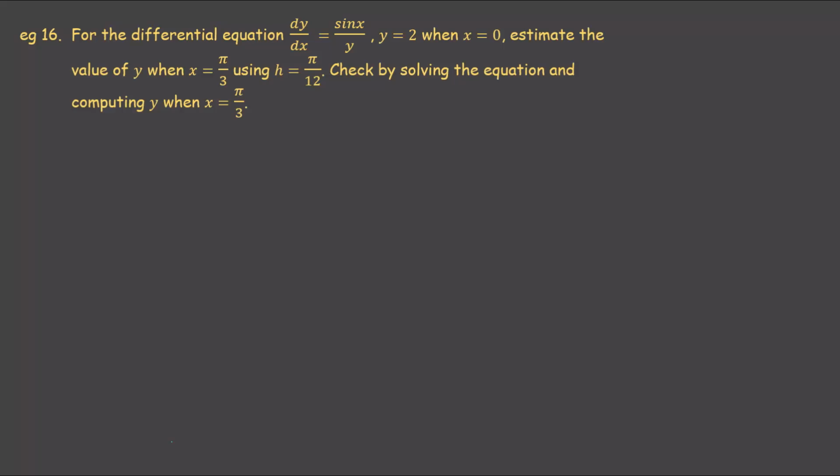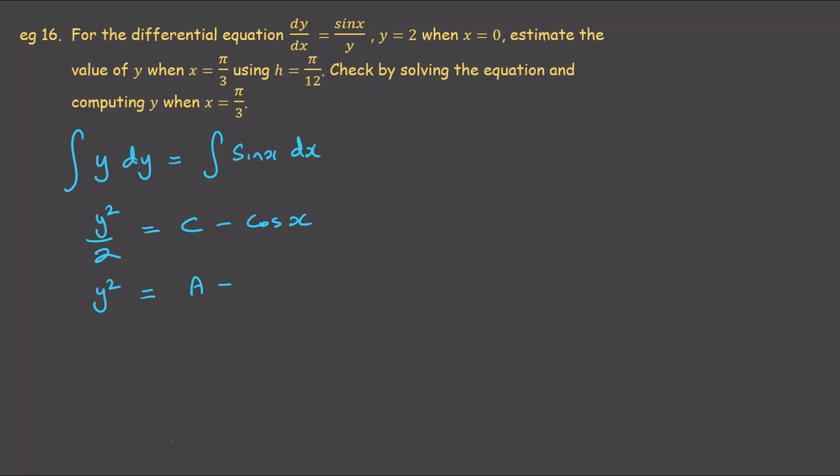Okay, let's solve the differential equation to check this. So we get y dy is equal to the integral of sine x dx. So that's y squared on 2 equals, if we integrate sine we get negative cos, so let's call this c, take away cos x, and so y squared would be equal to some constant which we'll call a take away 2 cos x.